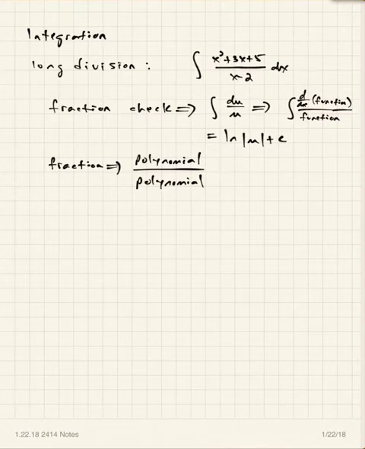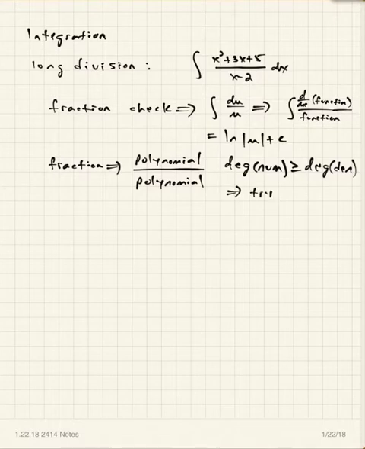If the degree of the numerator is greater than or equal to the degree of the denominator, so either they're the same or the degree of the numerator is bigger, then a strategy to use is to try long division and see if that helps you rewrite the integral in a different form.